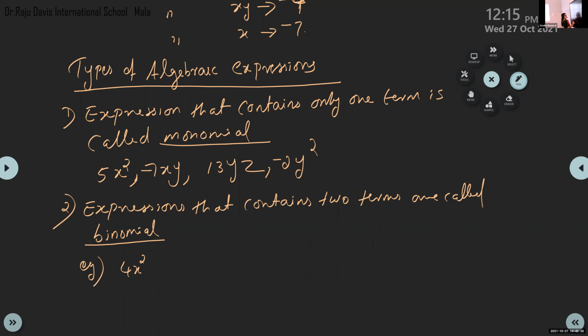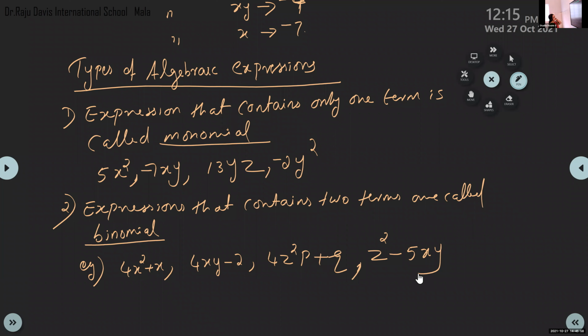Example, 4x square plus x, 4xy minus 2, 5z square p plus q, z square minus 5xy. All these are binomials. Expressions that contain two terms are called binomials. There are some terms and definitions in this lesson, so study daily. Okay.